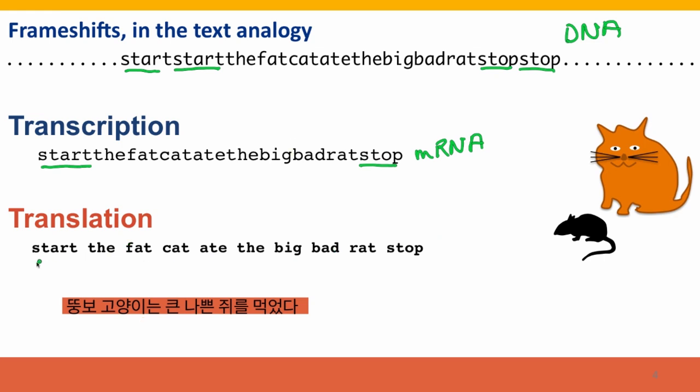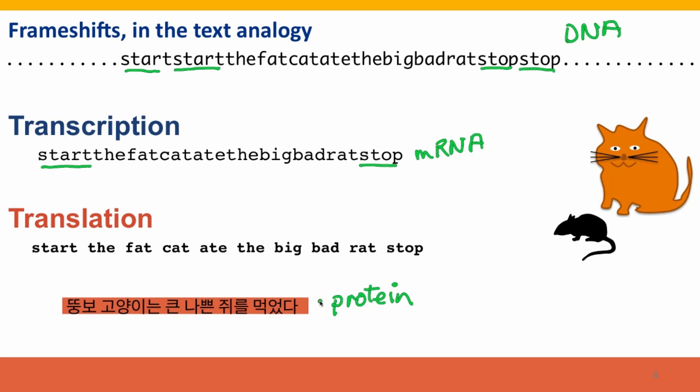Below this, we've got the same sequence broken down into its triplet codons, which here words are serving the analogous function to triplet codons. And below, we have the protein that this messenger RNA will be translated into. In this case, we translated the fat cat ate the big bad rat into Korean.